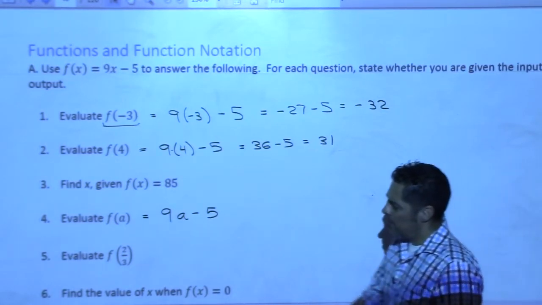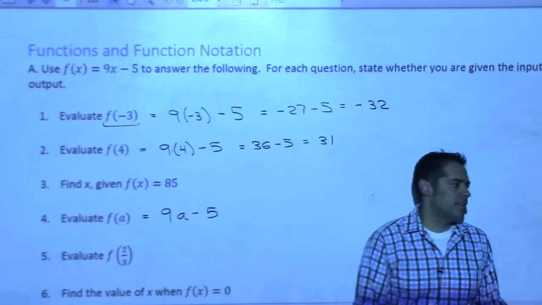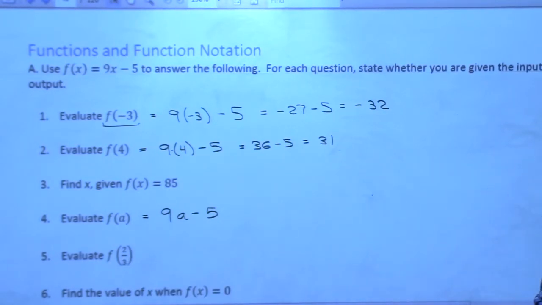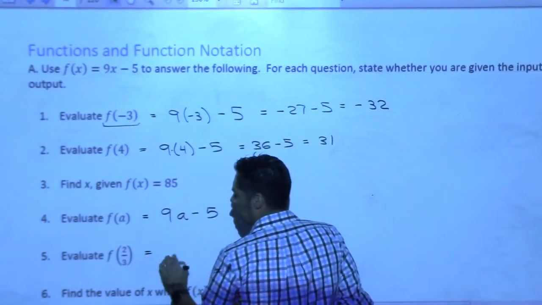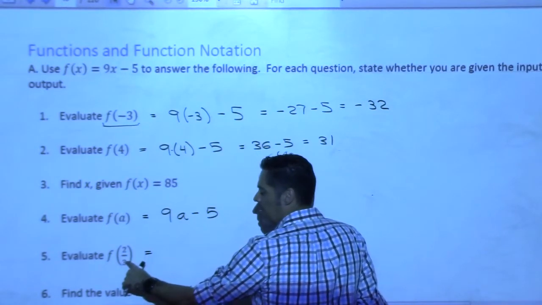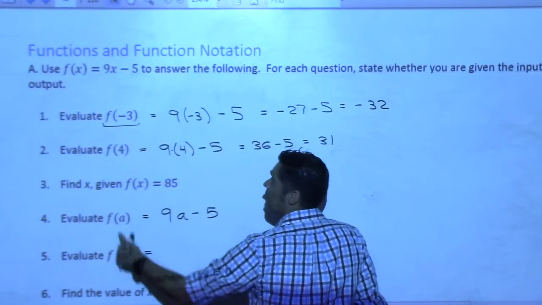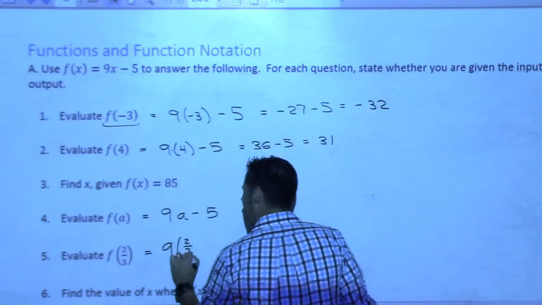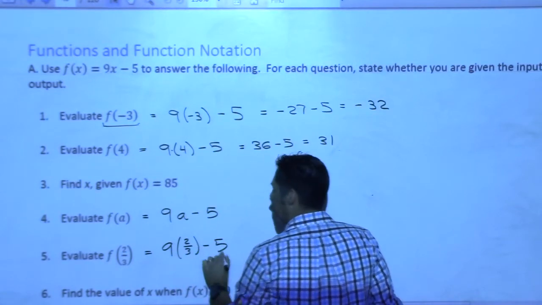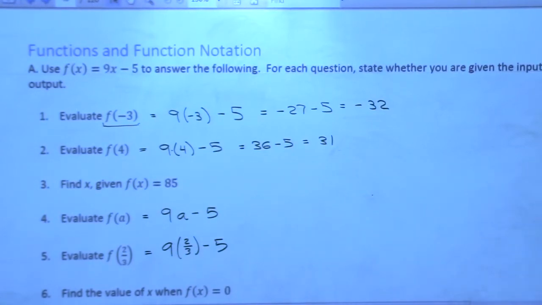What is f with 2/3 in there? So that means we're going to try and take this and plug it in to the function. So that's going to go in for x. Like that. So you have to multiply that.